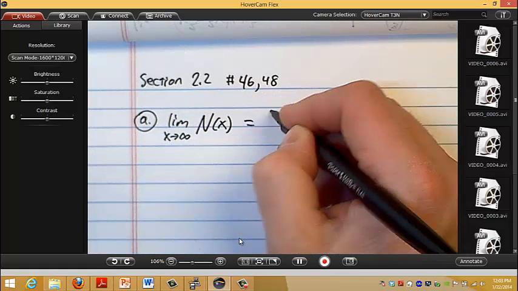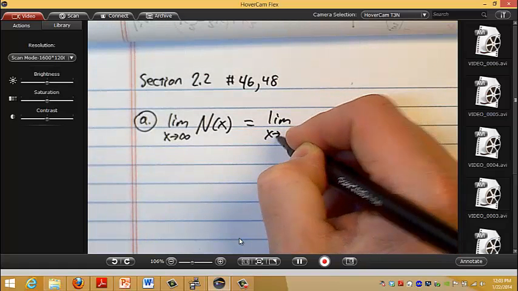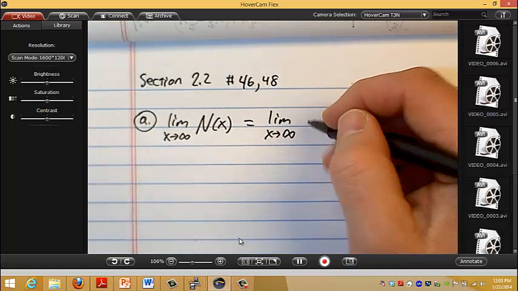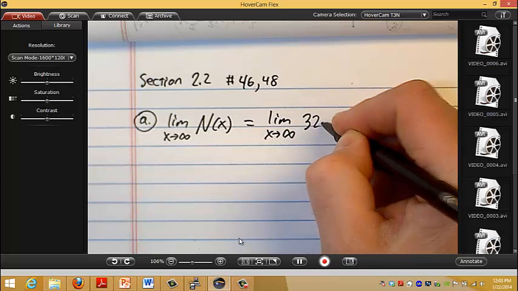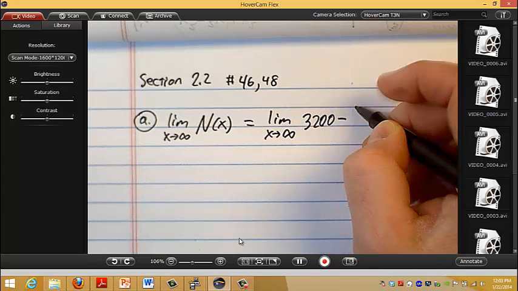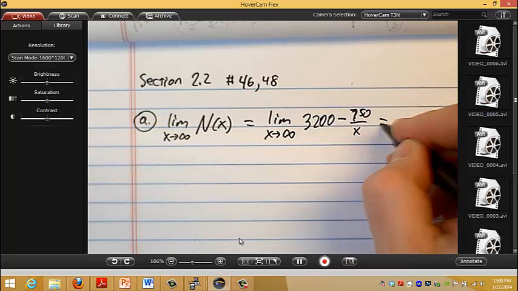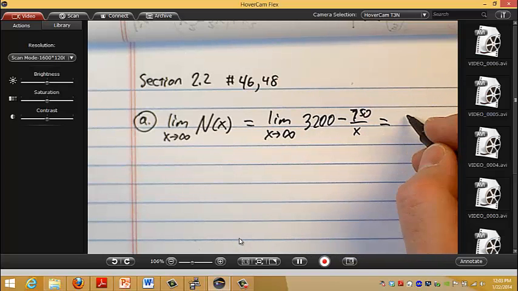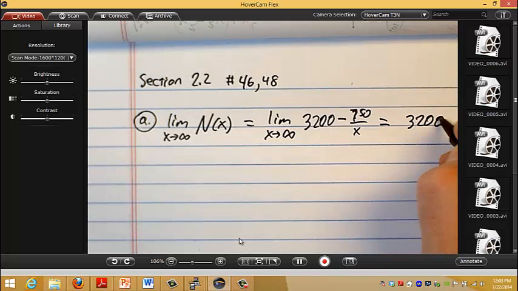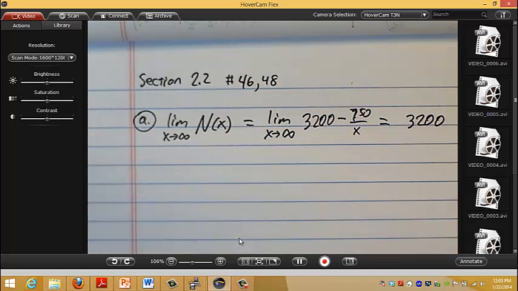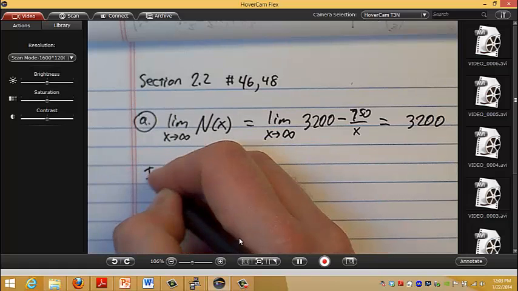And the funny thing is, I haven't even read what it means yet. I just know I'm computing the limit of this function, 3,200 minus 750 over x. Well, that limit is 3,200. Okay?